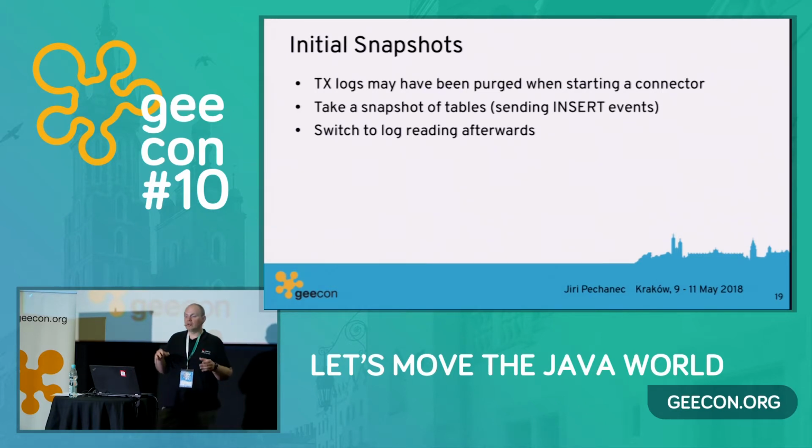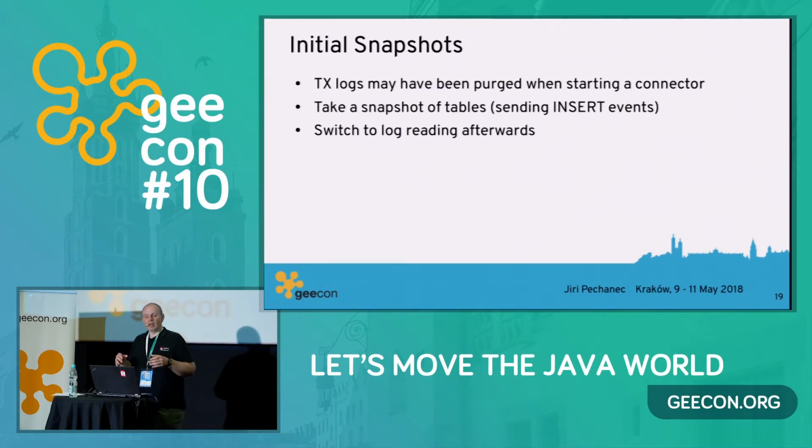Debezium is prepared to handle such a situation using a so-called initial snapshot. Whenever the connector is registered, it will check if the binlog is available from the start, and if not, it will take a snapshot of the tables that we would like to stream, convert the content of the tables to a stream of insert events, and send it downstream.